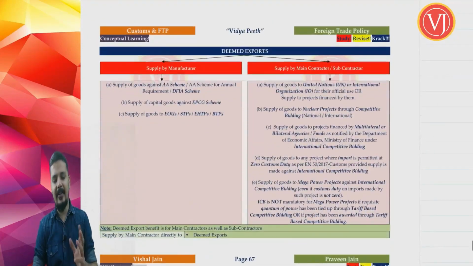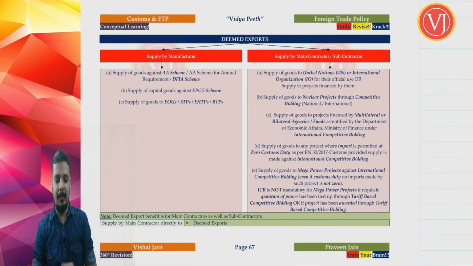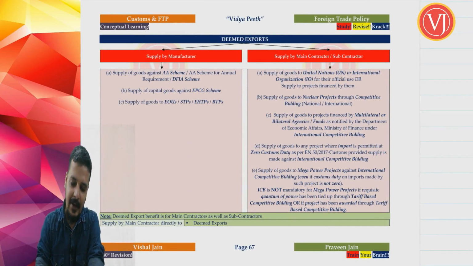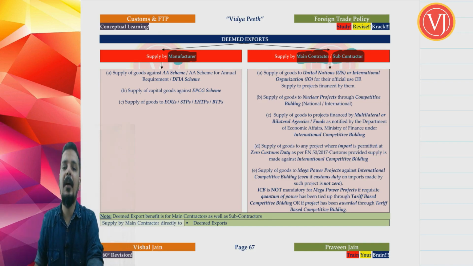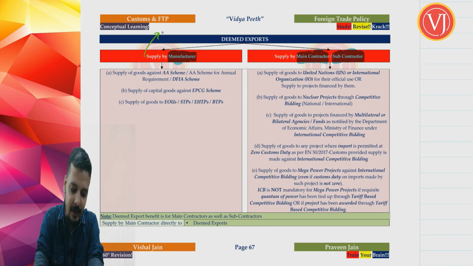Now, deemed export, let us categorize into two. The first is supply by a manufacturer, and the second is supply by main contractor to the project authority or subcontractor to the project authority. Now, supply by a manufacturer, the first category, friends, is exactly the same as in GST.